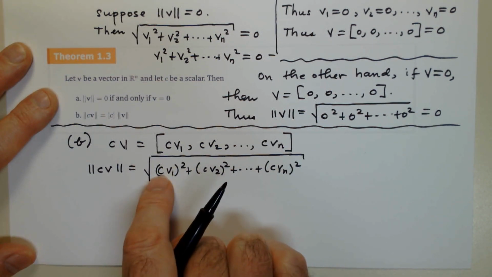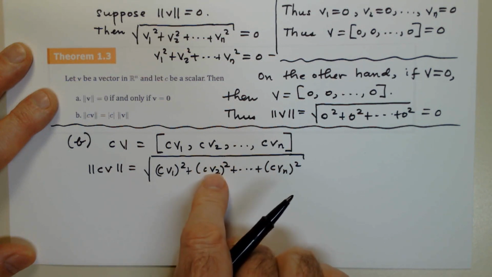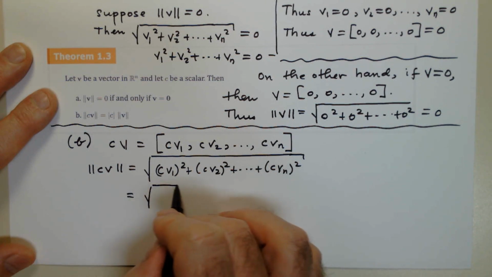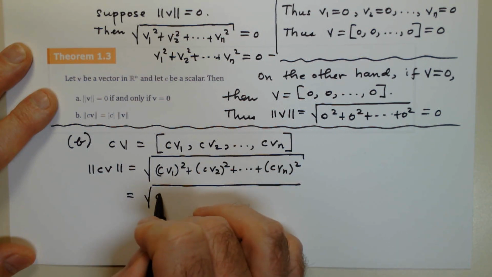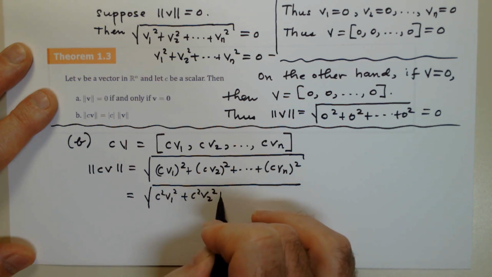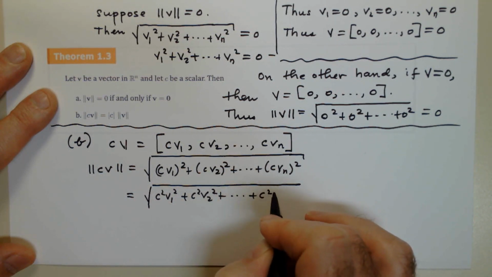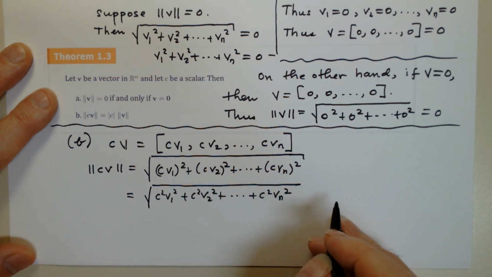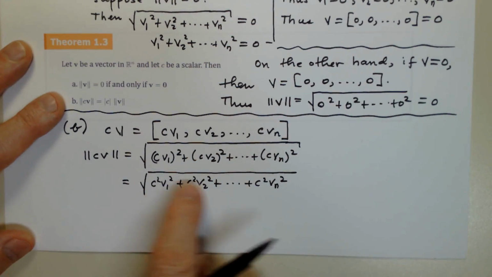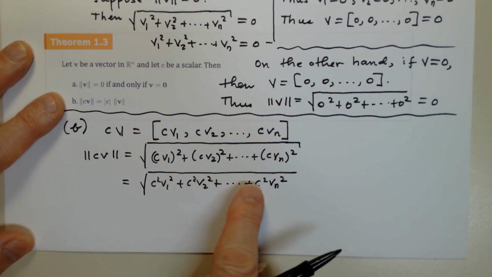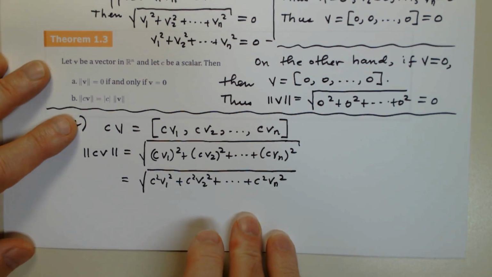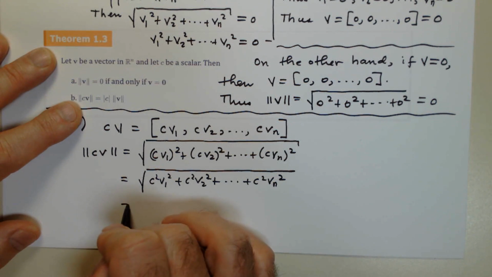We can write this as c squared v1 squared plus c squared v2 squared plus up to c squared vn squared. And quite honestly, if you wanted to skip from here right to here, that would be fine. Now, we have a common c squared, right? Each and every one of the terms here has a c squared in it, so we can use factoring. We can pull the c squared out.